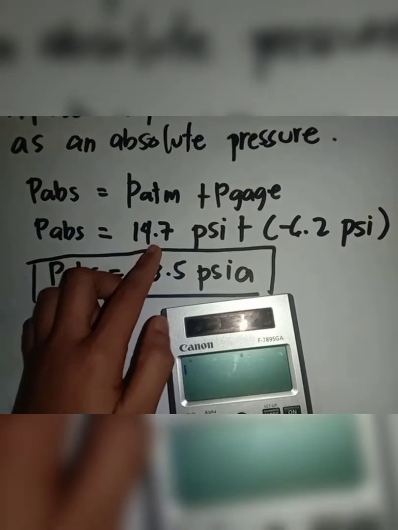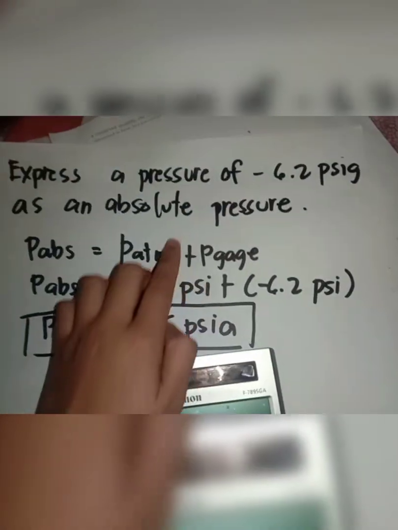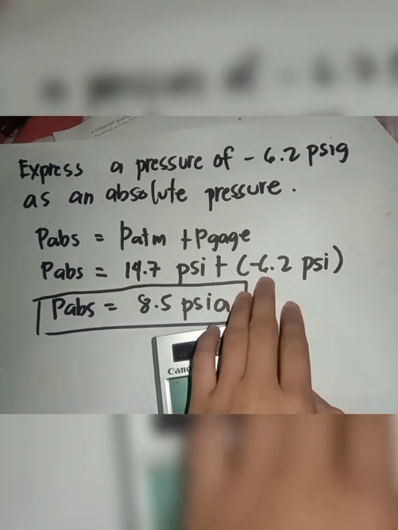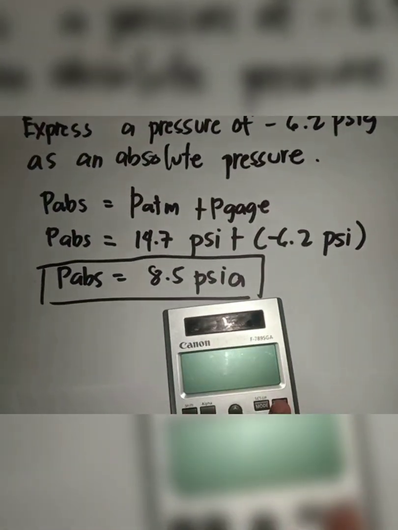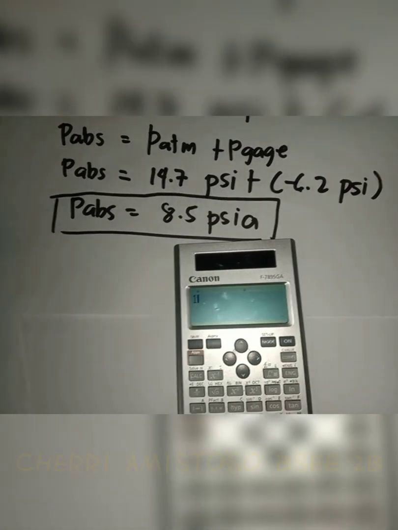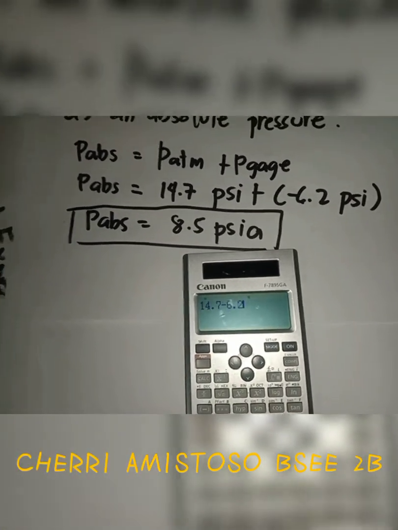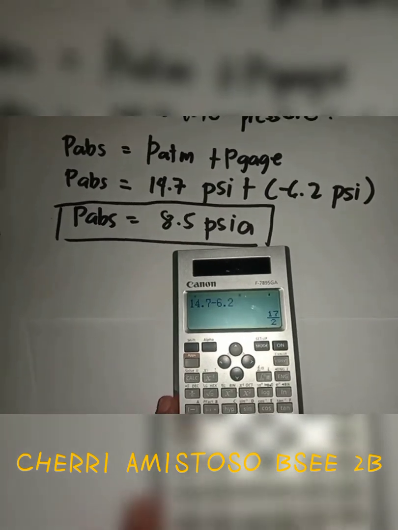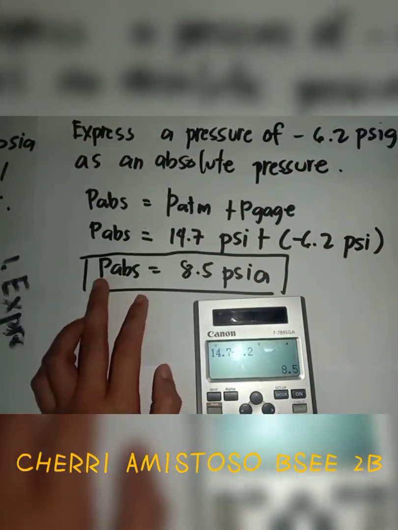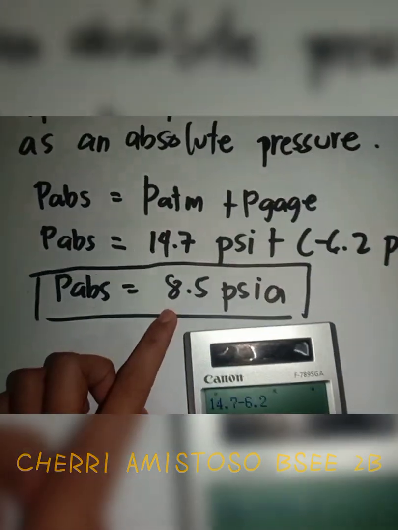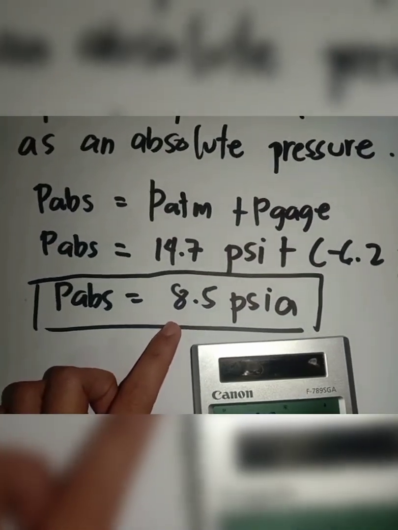So 14.7 psi plus the negative 6.2 psi, so 14.7 minus 6.2. So the absolute pressure is equal to 8.5 psi, which is the answer in the fourth problem.